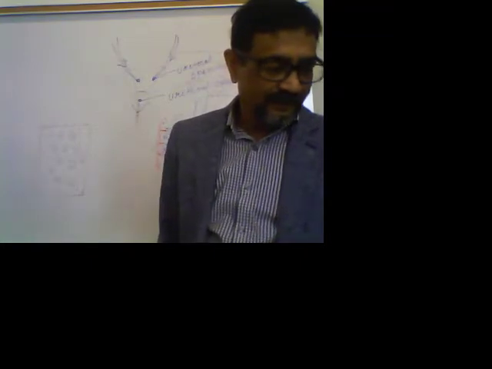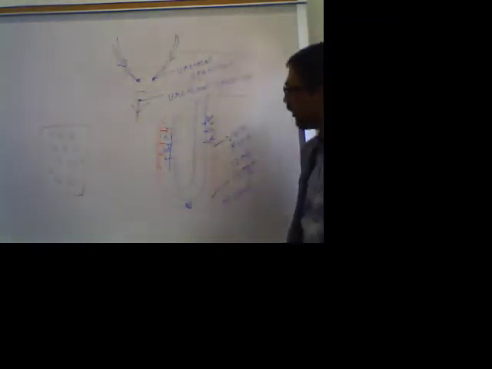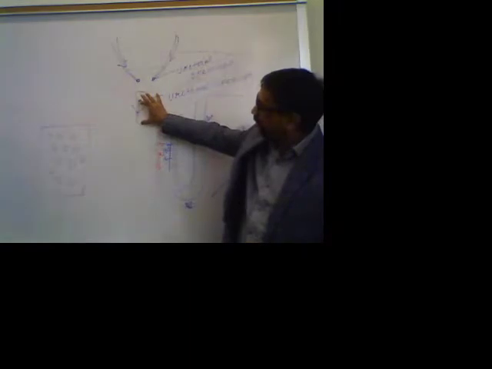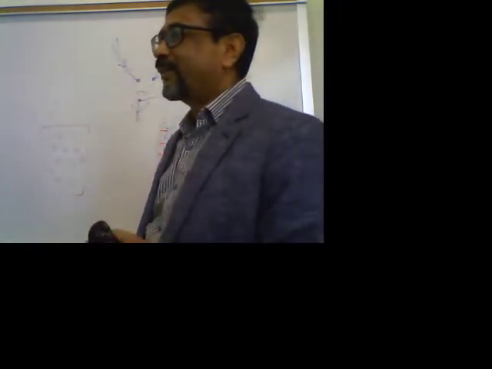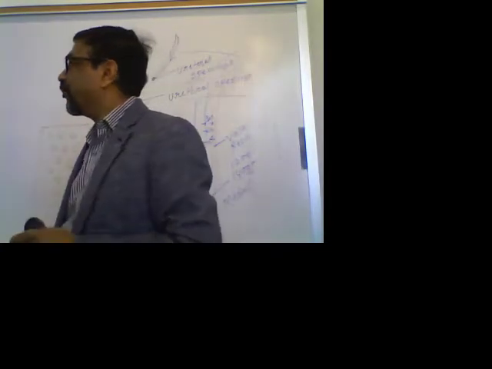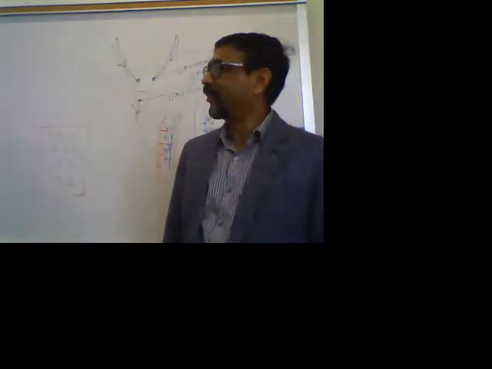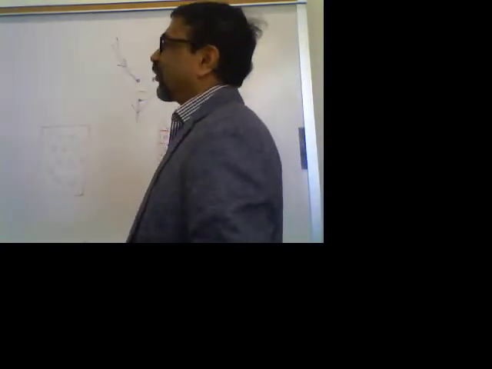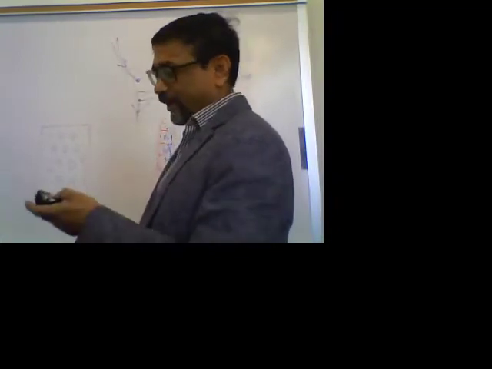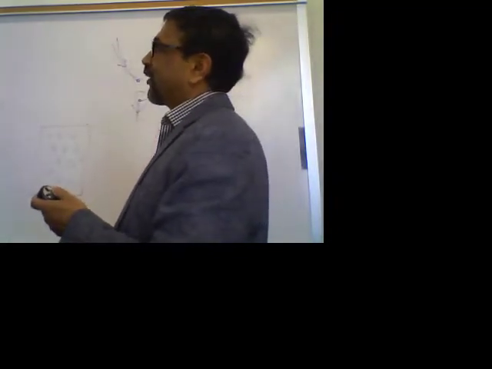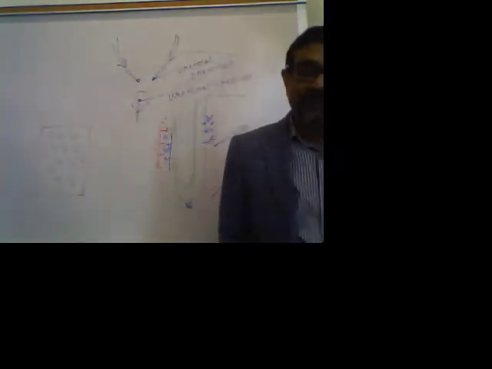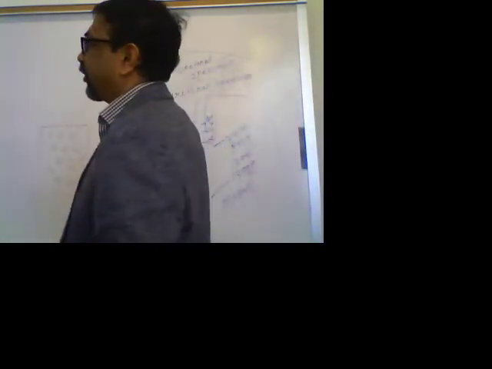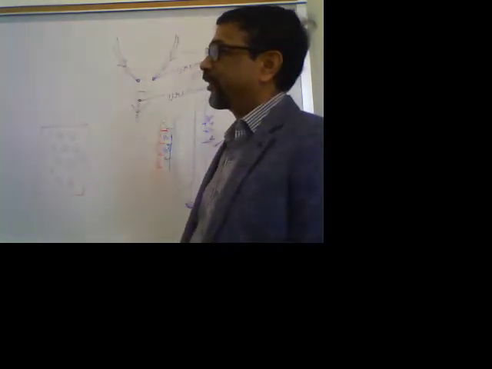the urethra is the last part of the urinary system. And this part is different in male and female. You must remember that. So the urethra is different in male and female. Male urethra is much longer than the female urethra.